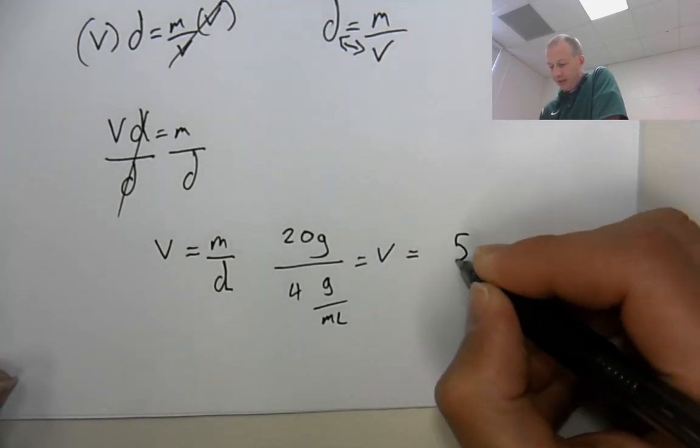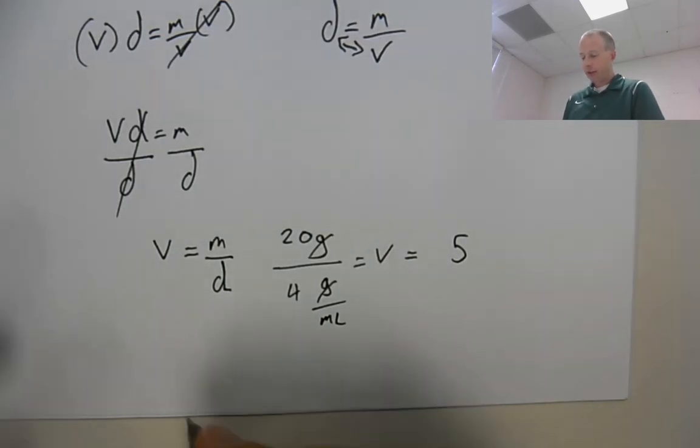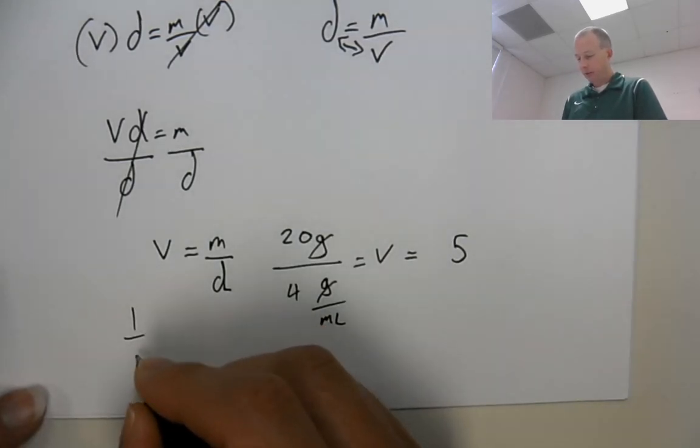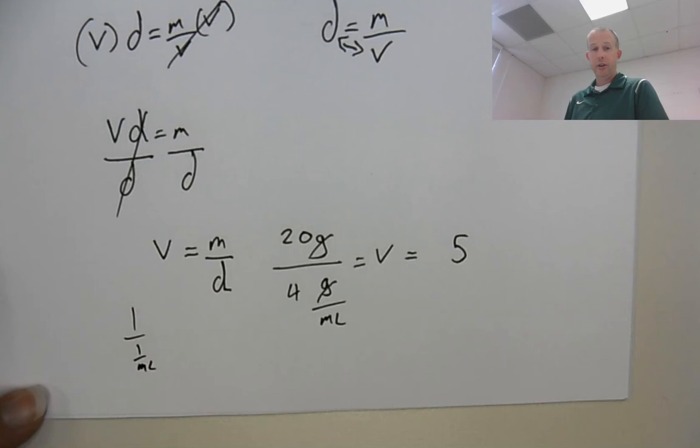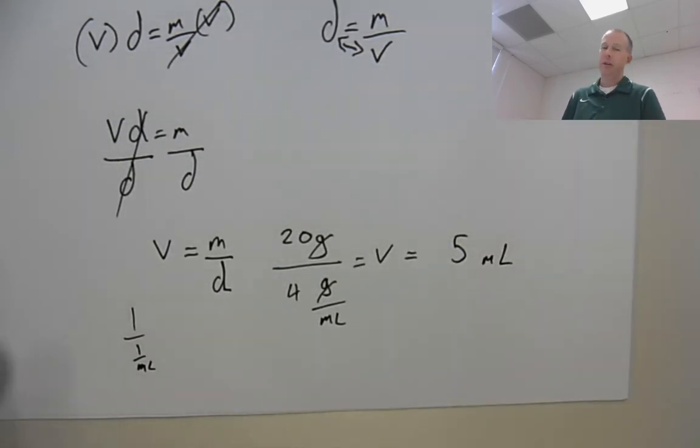So that's 5. Now, the grams cancel out, and you're left with 1 over milliliter, which, don't worry about that. Milliliters is the only unit left. Just for the sake of simplicity, if you end up with one unit left over, just trust me, it's going to be written like it normally would be. So it's just 5 milliliters.